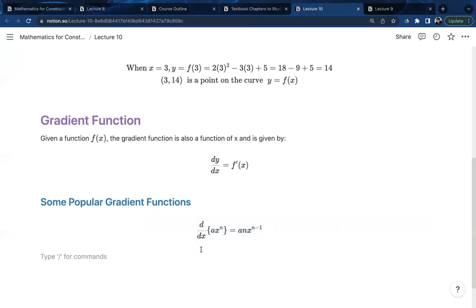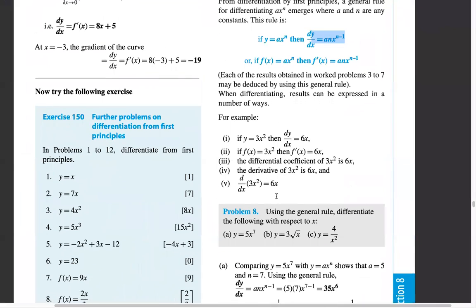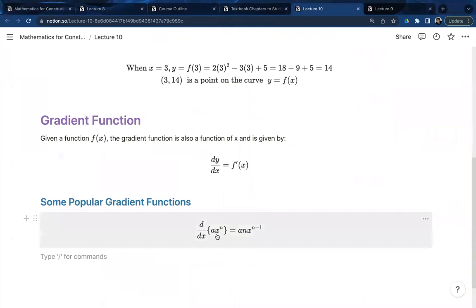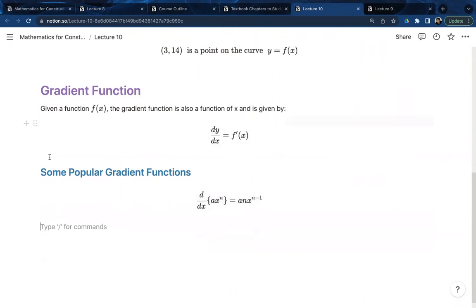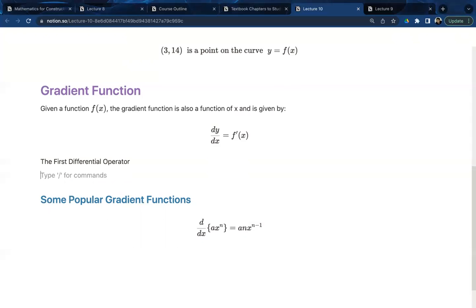Right? There's another notation. They don't have it here really, but that is a notation we would use a lot. Instead of saying y is the function, this is the function here, and this d dx on the outside is called the first differential operator. Okay. So let me talk about that first. The first differential operator.